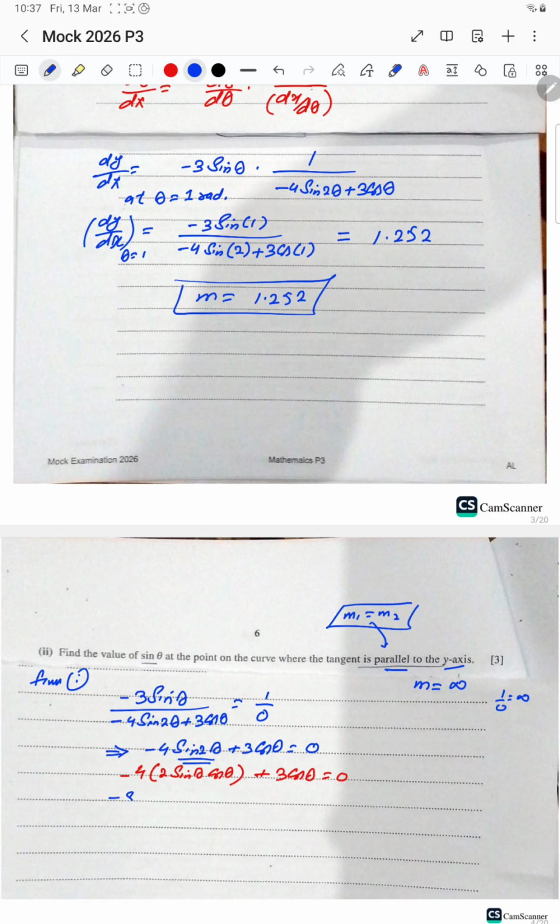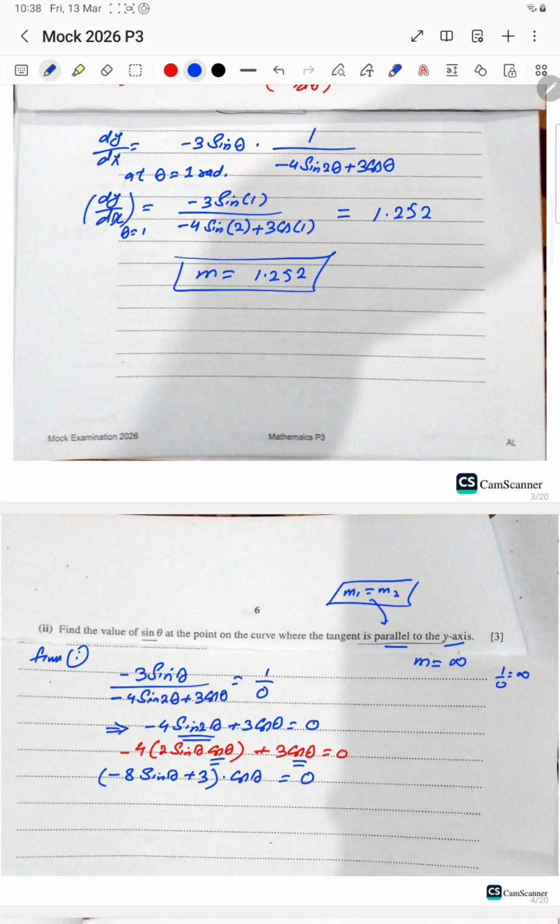So I can write minus 8 sine of theta plus 3, and cos of theta is common, equal to 0.